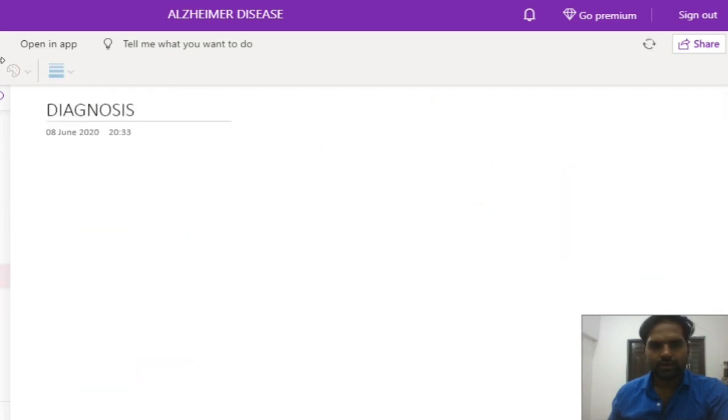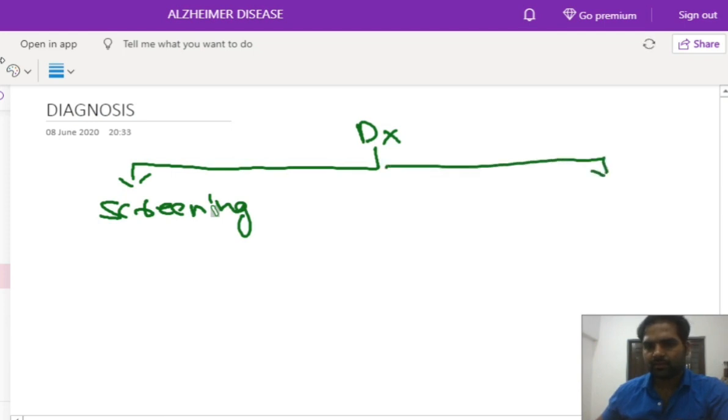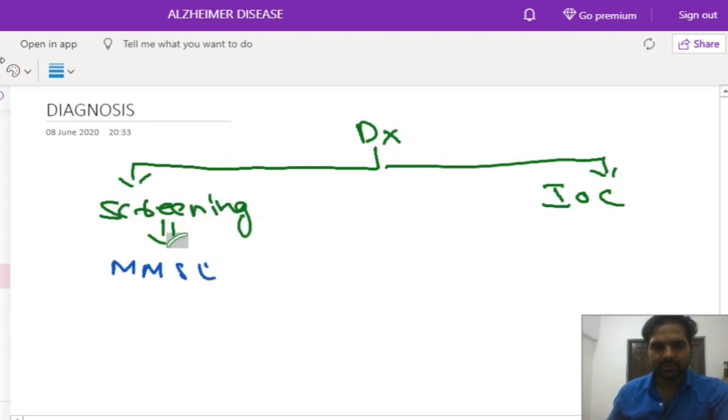Now let's move to the diagnosis part. In the diagnosis, we have two methods. Either we can perform the screening method, or we can perform the definitive method, which is the investigation of choice. The screening method is the mini mental status examination, MMSE, whereas the investigation of choice is MRI.